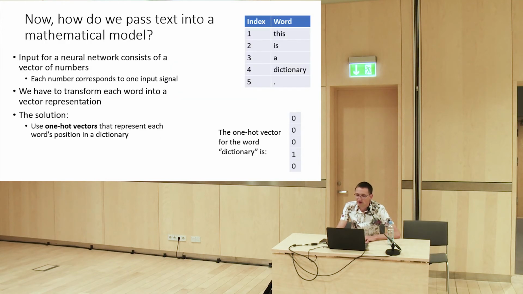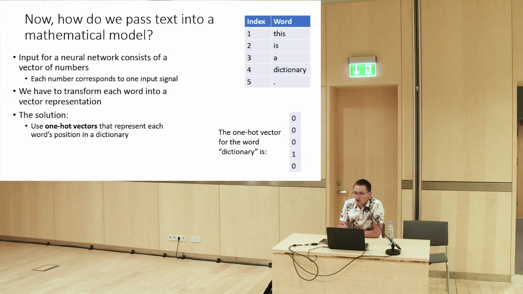This is why we need to figure out a way to transform text into a numerical form, such that it would allow us to feed the neural network, and when it produces an output, we would be able to figure out from a numerical form in the output what word it actually belongs to.